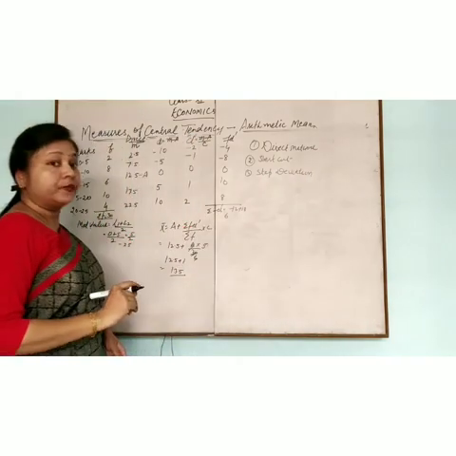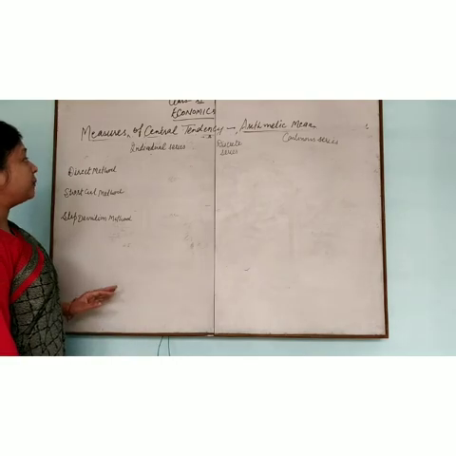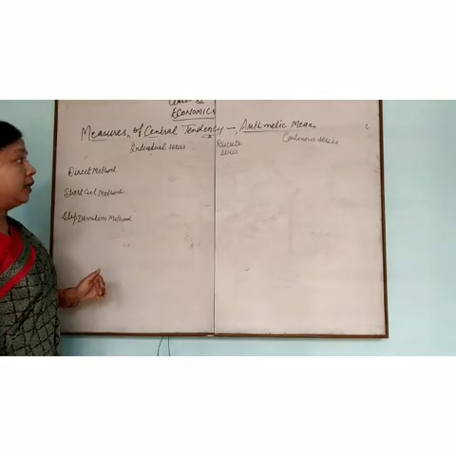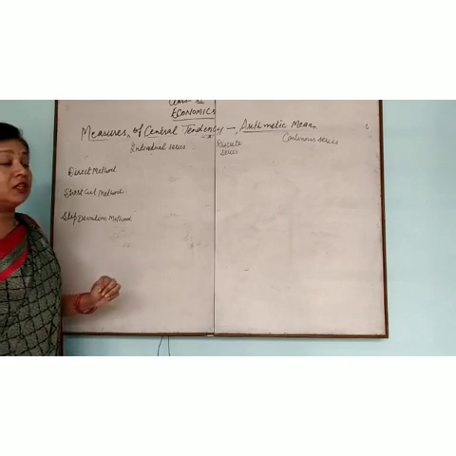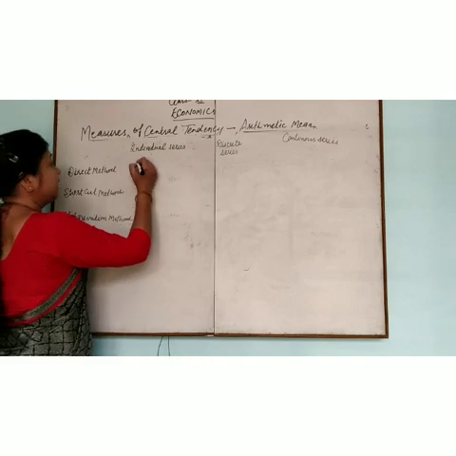The formulas of the different methods are the same in all of them. So briefly I am telling you how we can find the arithmetic mean for individual series, discrete series and continuous series with the different methods. First is the direct method.